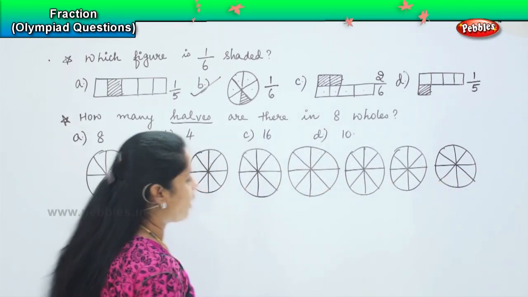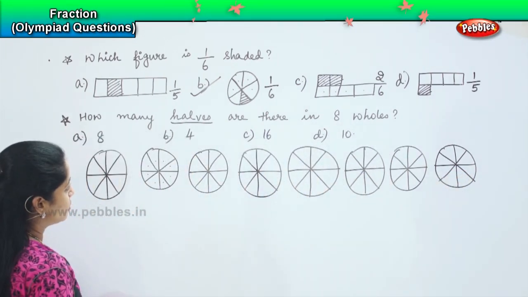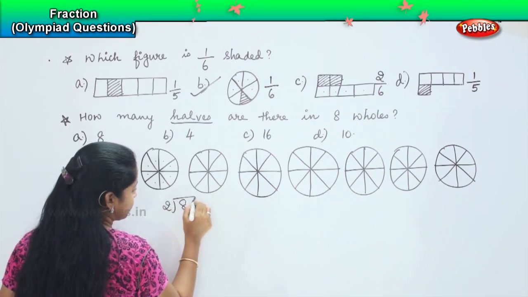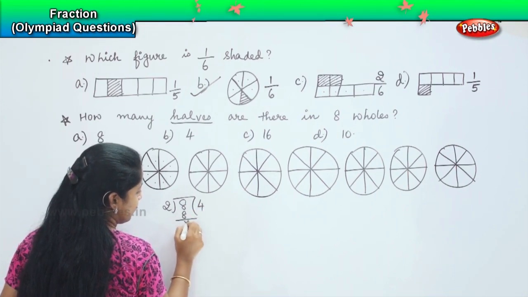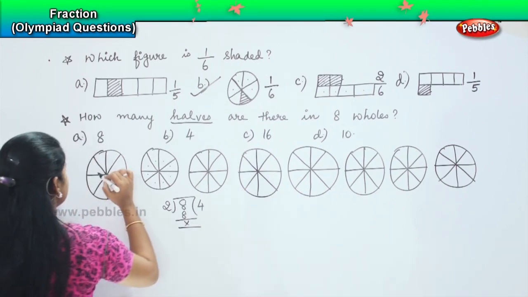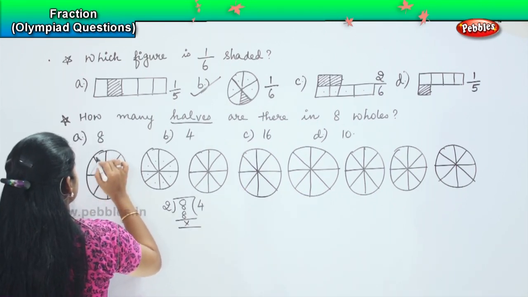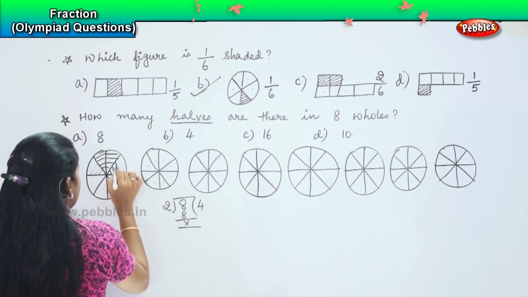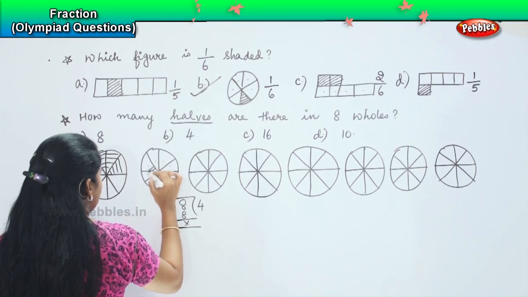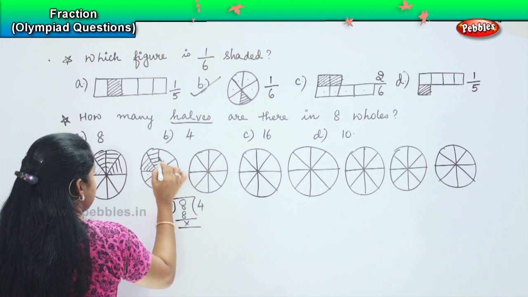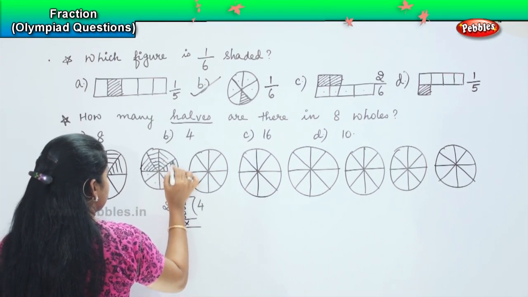Yes. So now when we talk about half, it means that 8 we divide by 2. So 2 into 4 is 8. So which means that I need to shade 4 circles, right? So 1, 2, 3, 4. Same here. 1, 2, 3, 4.